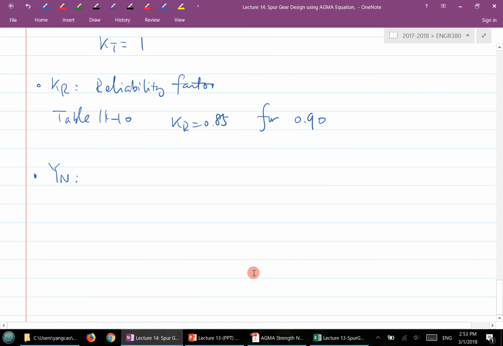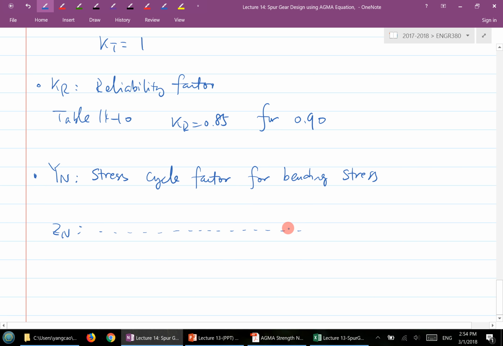If you're operating at a life in cycles other than 10 to the power of 7, then you have to apply this YN and ZN. These are called stress cycle factors. YN is for bending stress, and ZN is the same factor, but for contact stress.